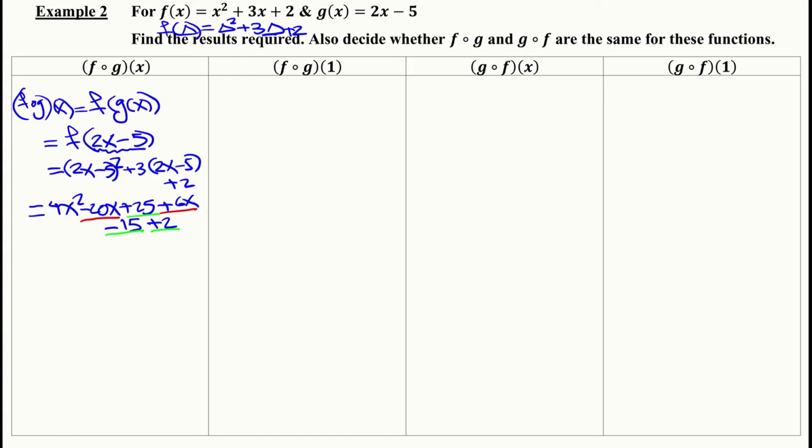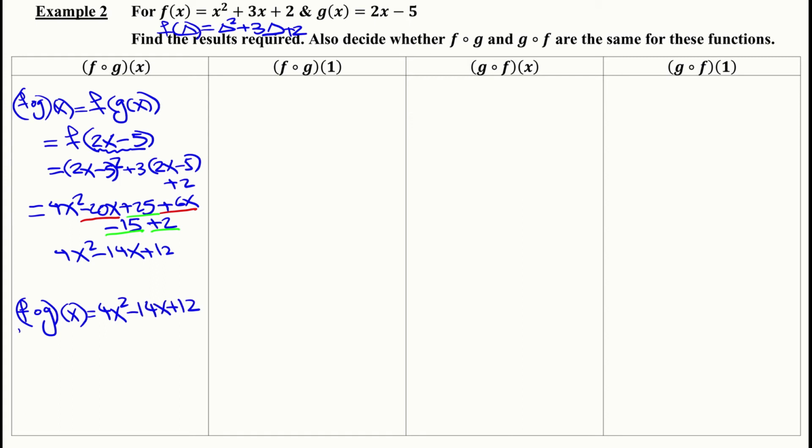So we end up with 4x squared minus 14x, 25 minus 15 is 10, 10 plus 2 is 12, so plus 12. And that's basically f circle g, or f compose g of x. So we have 4x squared minus 14x plus 12.